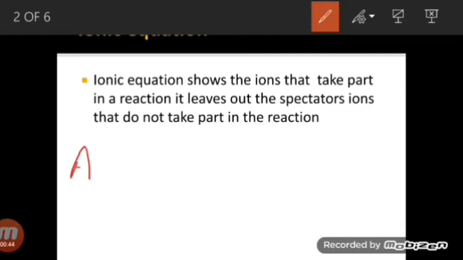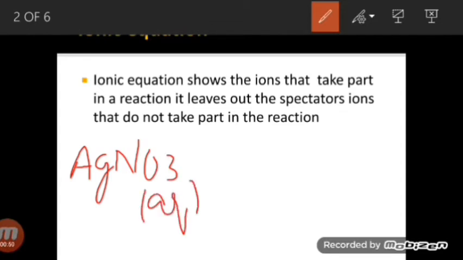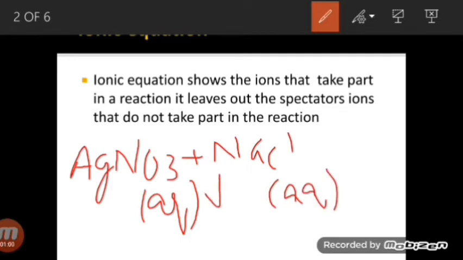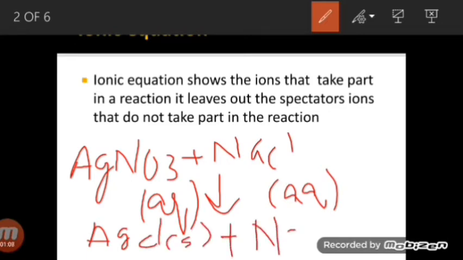Let's suppose we have silver nitrate, which is an ionic compound in the aqueous state. It's very important to take them in the aqueous state, otherwise there won't be any ionization. Plus we have sodium chloride, which will also be in the aqueous state, and they will react, and the product formed will be silver chloride in the solid state plus sodium nitrate in the aqueous state.